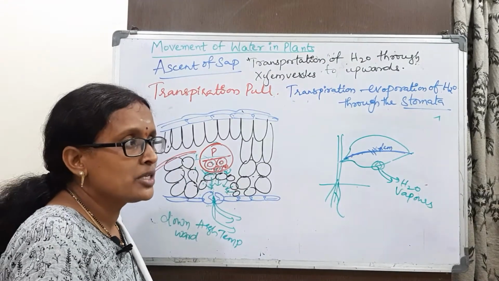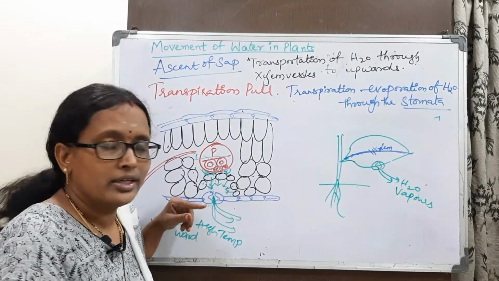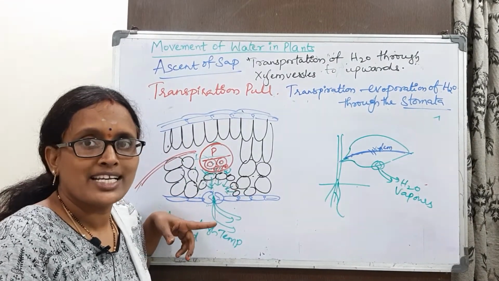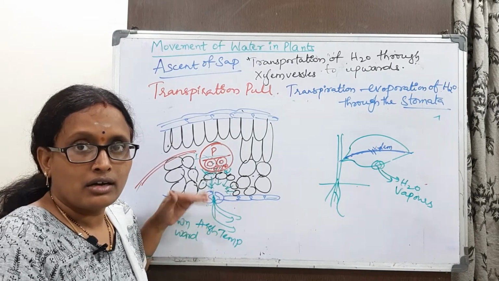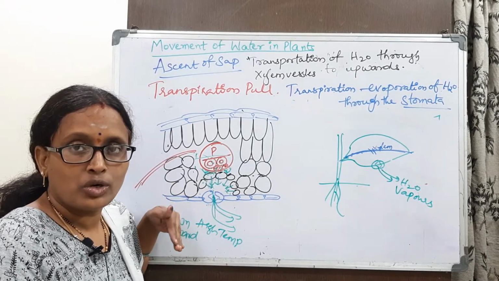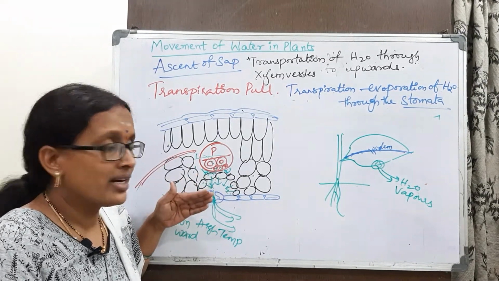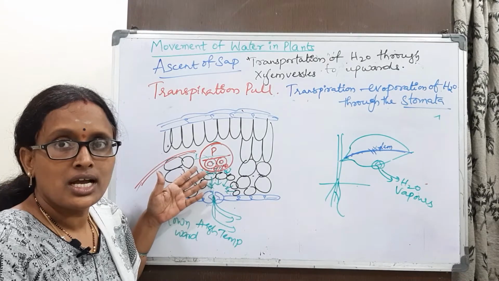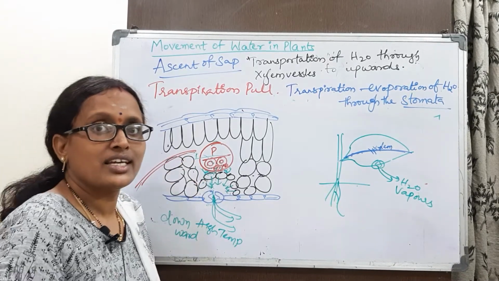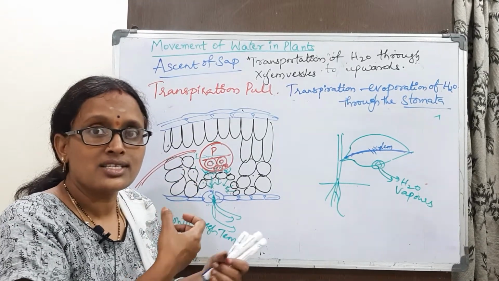So in this transpiration pull, what is happening? Continuously, due to the evaporation process, the mesophyll cells are losing water, so diffusion pressure is decreased. They take water from the xylem vessels, and ultimately the xylem vessels take from the other vessels.